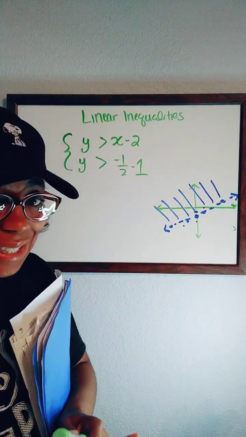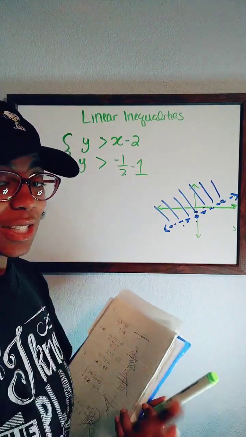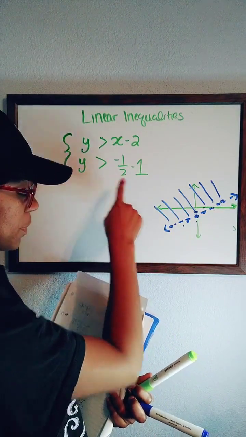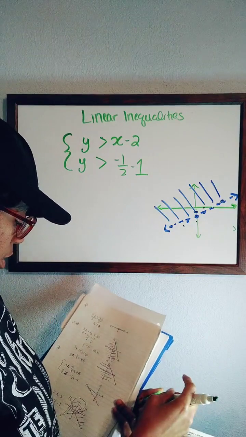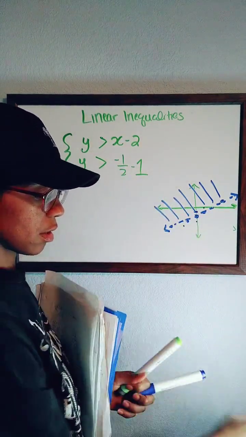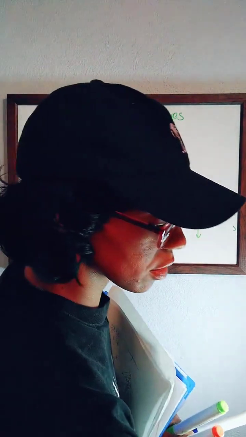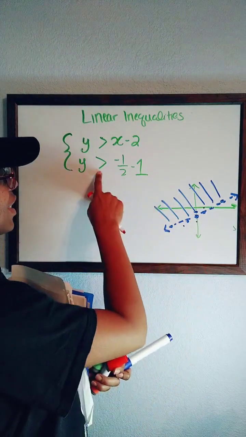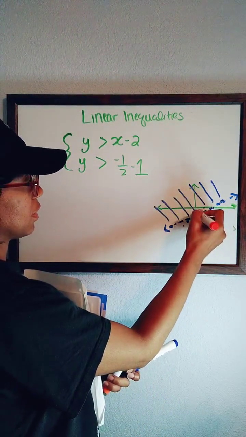For my second equation, I'm going to do the same thing. I need to graph this on here as well. I hate mixing my markers, but because I want y'all to get this, I'm going to mix them. This one says to start at negative 1 right here.